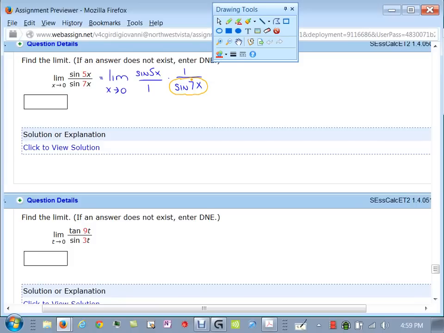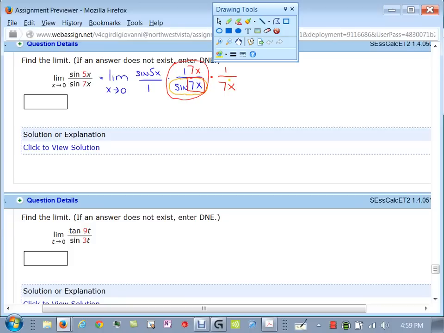So I look at the argument, that's the thing inside, and I tell myself I'd really like to have a 7x up here. But I can't just throw 7x up there unless I throw 7x down here. Now, we know that this piece is going to go to 1 because of what I've shown you in lecture. The problem is now we have 7 times the limit, that's going to go to 0, so that's going to be division by 0 here.